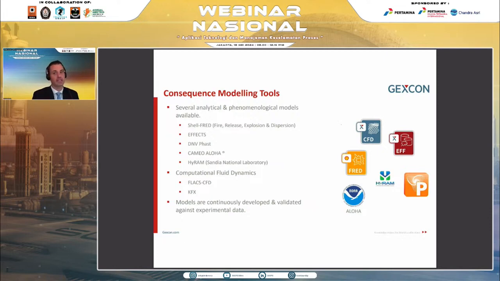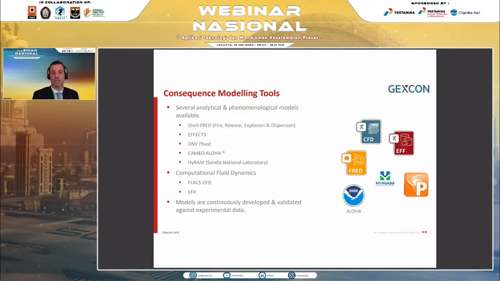If we look at this example, we have a 5 bar and a 1 bar overpressure contour from the analytical model, and in the green, the 5 bar, and in the blue, the 1 bar overpressure results from a CFD model.